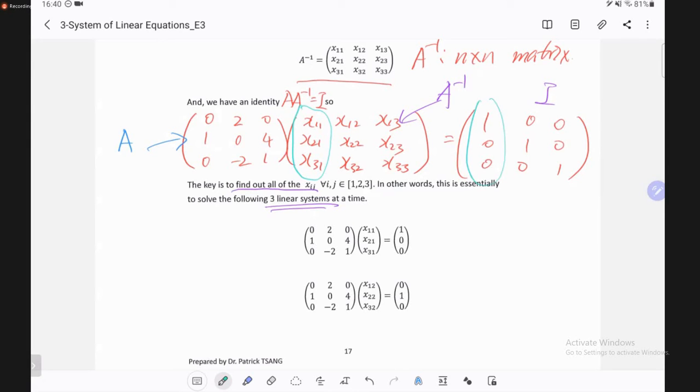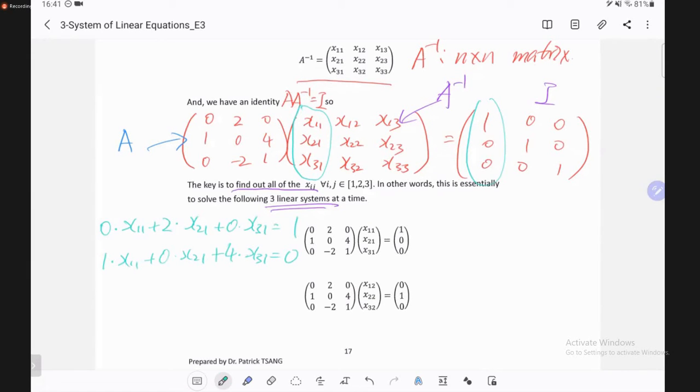So what we get: 0 times x11 plus 2 times x21 plus 0 times x31 equals 1. Secondly, 1 times x11 plus 0 times x21 plus 4 times x31 equals 0.